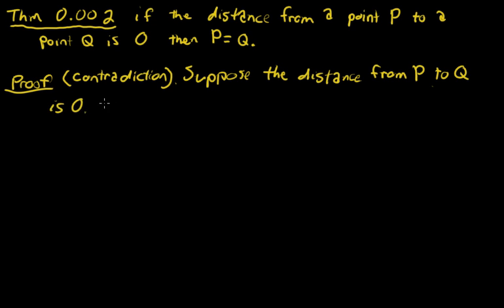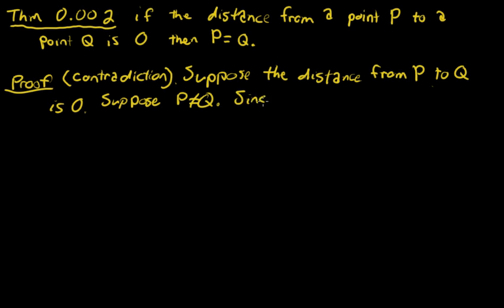And we also need to suppose that P does not equal Q. And based off that, we want to arrive at some kind of contradiction.